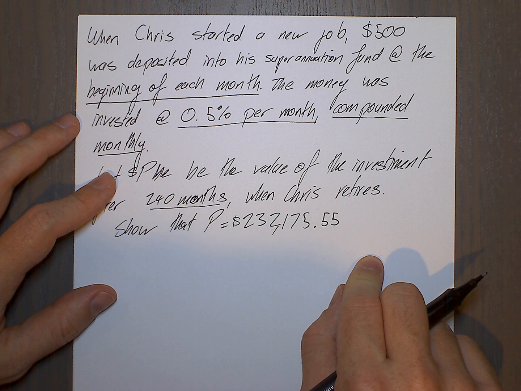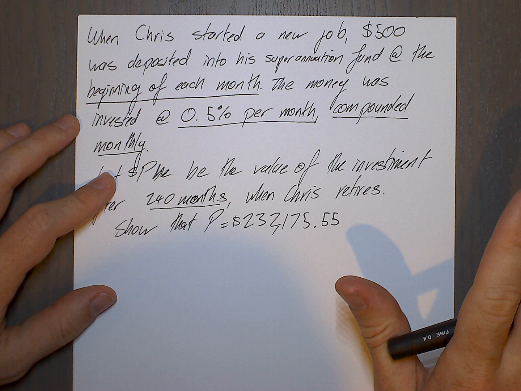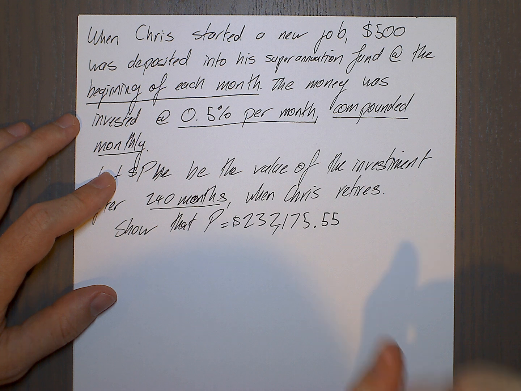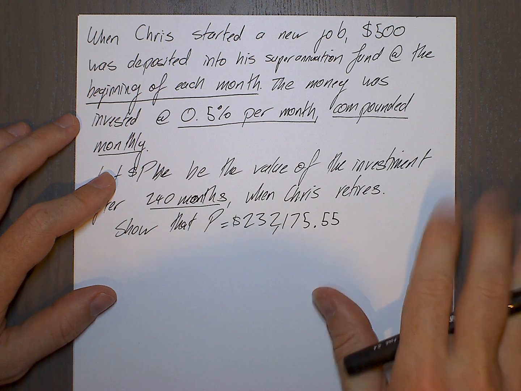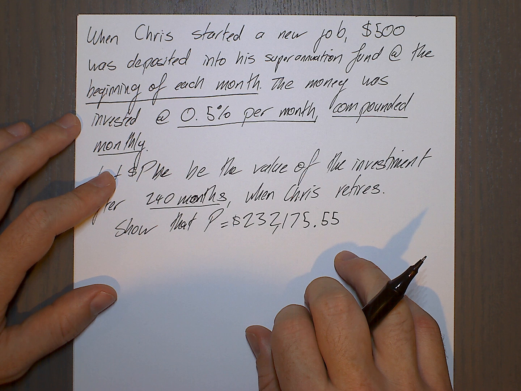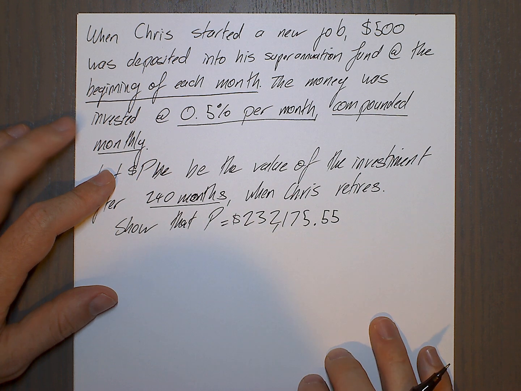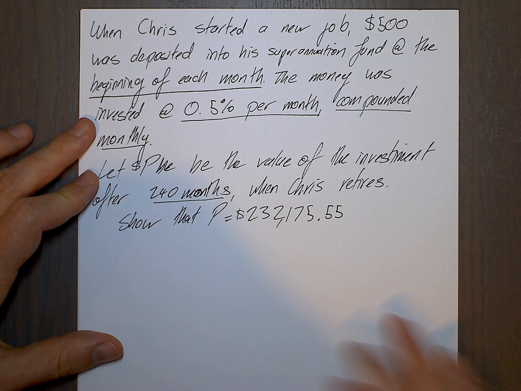A lot of HSC questions are like this, in the sense that they give you the answer and say, okay, prove it. Do you understand what you're doing? I don't know if it's a good thing or a bad thing. It's just a different style, and it demonstrates an understanding without the stress of finding the answer.